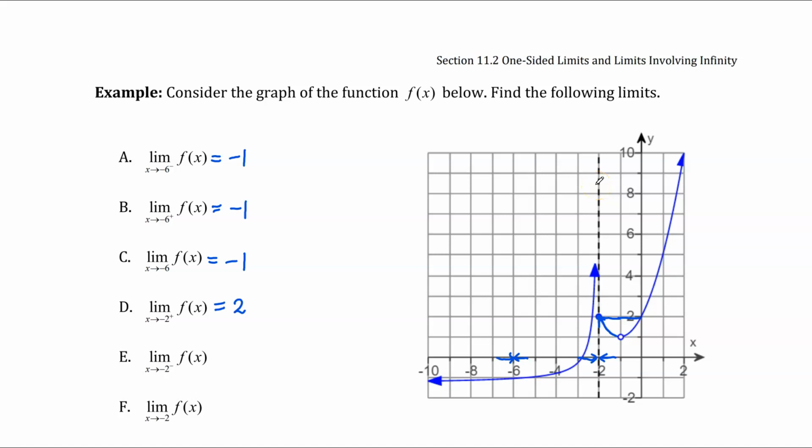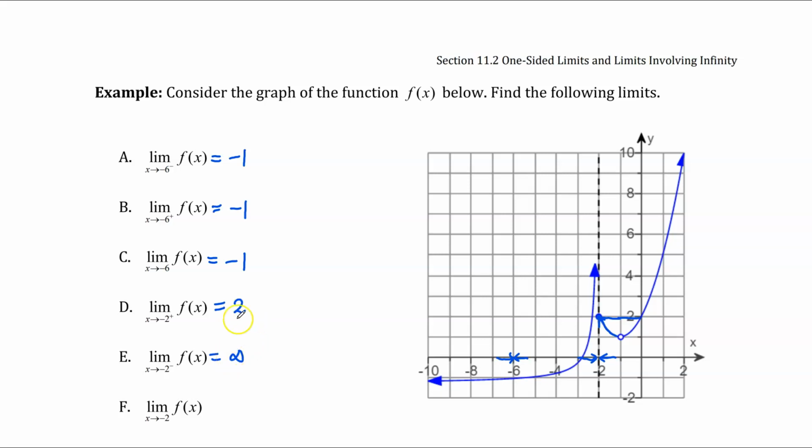We say that the left-hand limit, the function approaches positive infinity, because the function increases without bound. It will just continue to increase up to infinity. Therefore, we say that the left-hand limit is equal to infinity. This means that the left-hand limit does not exist.